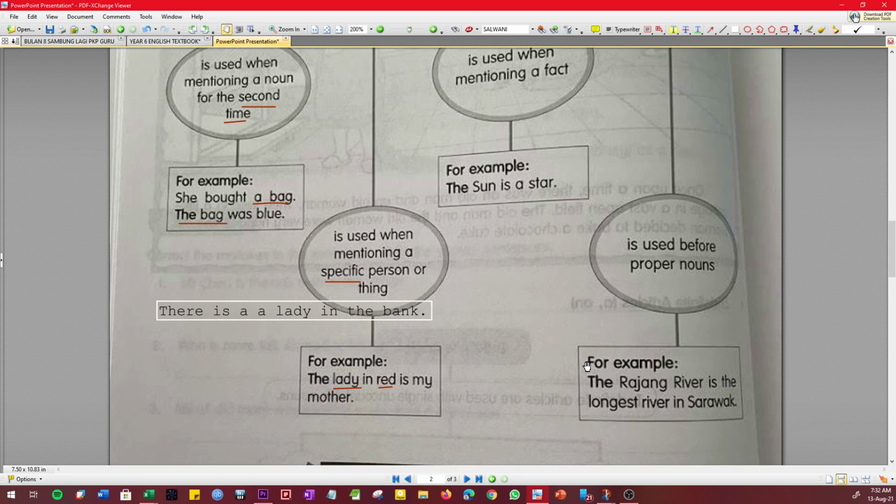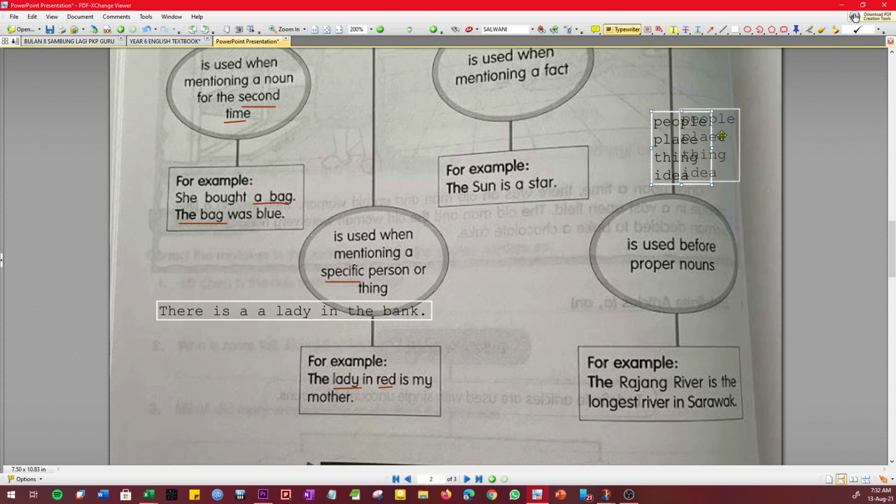What are they? They are people, place, thing, and idea. Okay.